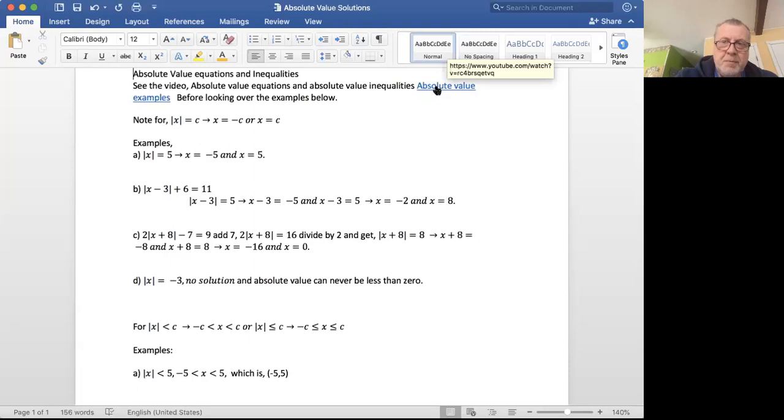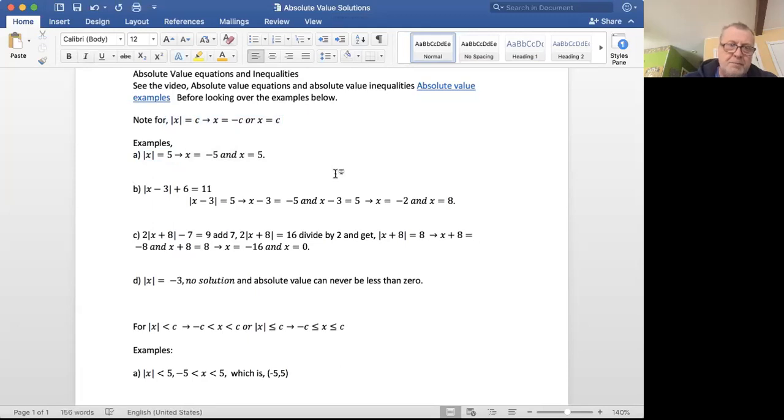For example, if the absolute value of x equaled 5, that means x could be minus 5 because the absolute value of minus 5 is 5, so it makes the equation true. And it could be 5 because the absolute value of 5 is still 5.